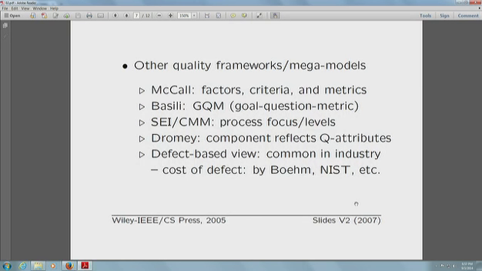And then there are also other important frameworks. One of the very influential ones is the SEI CMM and the CMMI. The SEI is the Software Engineering Institute, which was founded by the Department of Defense, and resides at Carnegie Mellon University.